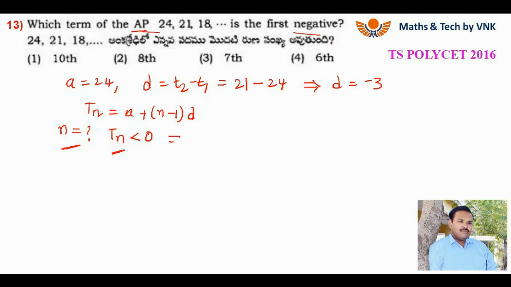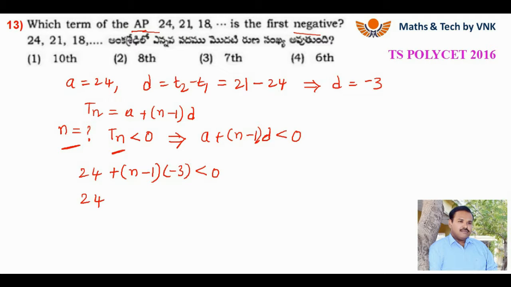So Tn less than 0 implies a plus n minus 1 into d less than 0, where a is 24 plus n minus 1, d is minus 3, less than 0. So now this is 24 minus 3 into n minus 1, that is minus 3n, minus 1 into minus 3 is plus 3, less than 0, which implies 27 less than 3n.